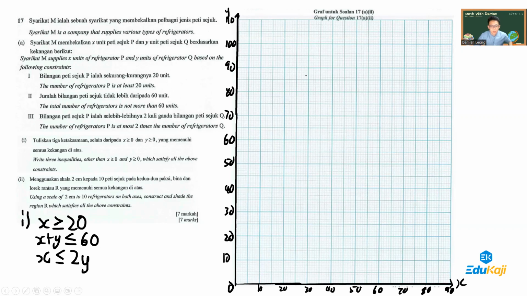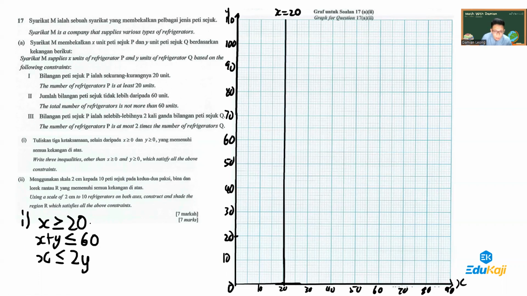So x more or equals 20, so I draw the line x equals 20. For an x value of 20, we just draw a straight line up. That is x equals 20.